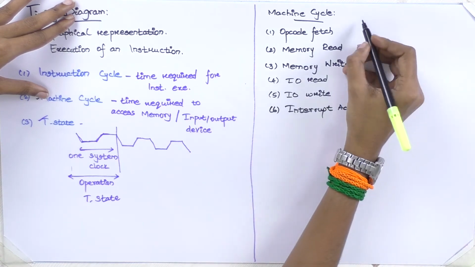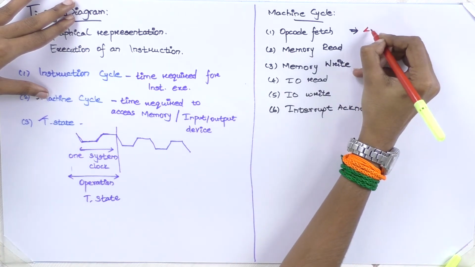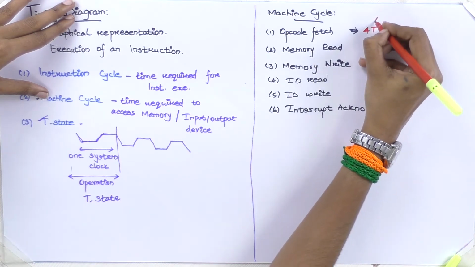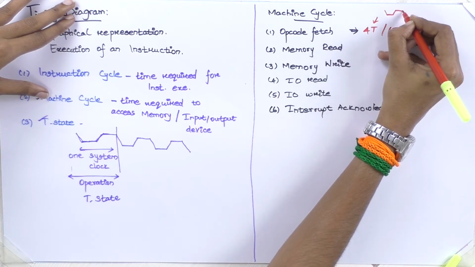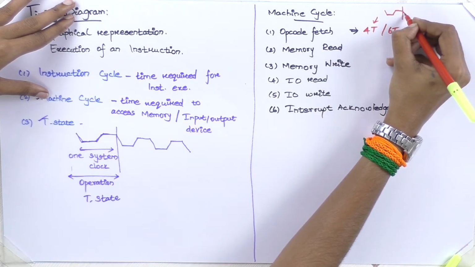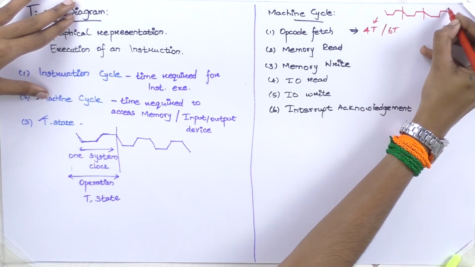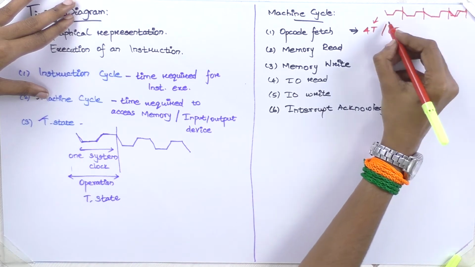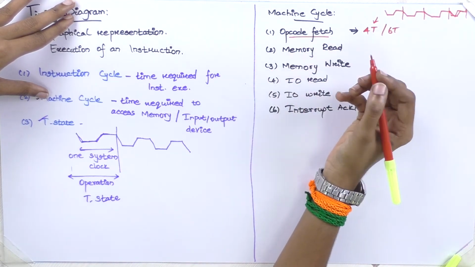The first one is opcode fetch. It will occupy 4 T states or 6 T states. 4 T states means 4 low and high pulses. So this is 1, and this is 2, and this is 3, and this could be 4. So 4 such T states are required to perform an opcode fetch operation.